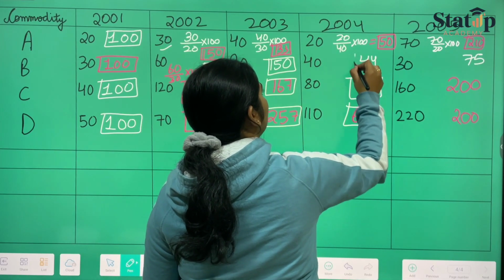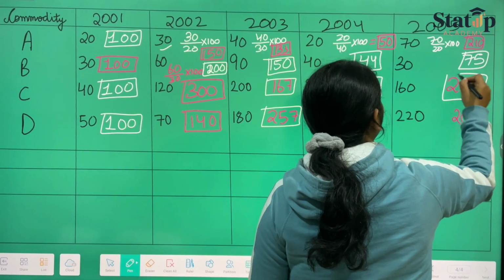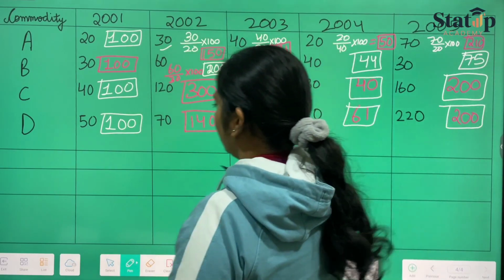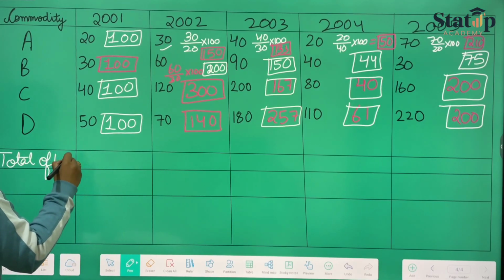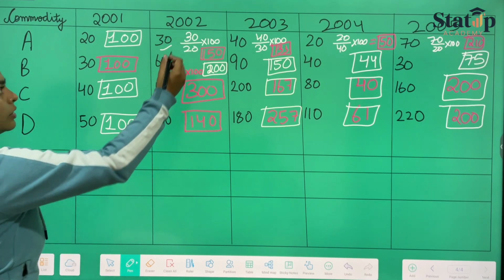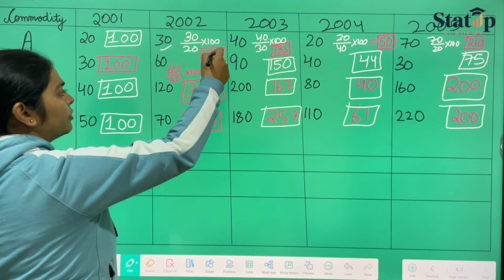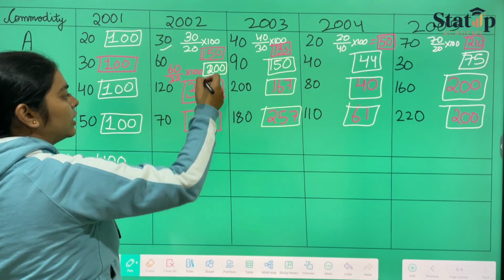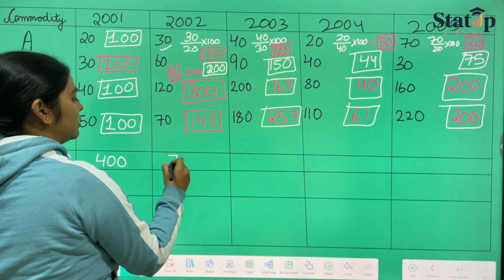This is the link relative table now. Here we'll find the total of all link relatives. The total of link relative will be 400, then 500 plus 150 is 650, plus 140 is 790.